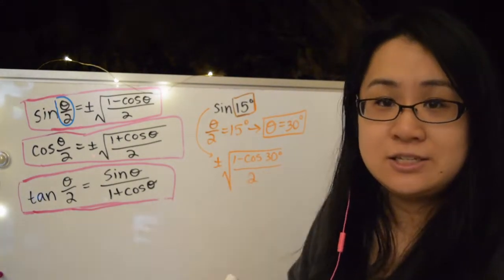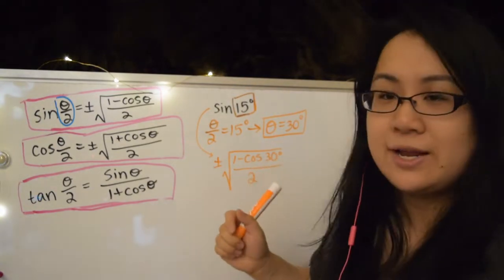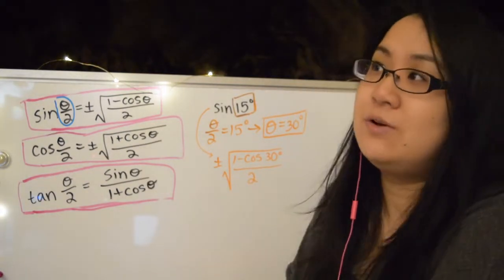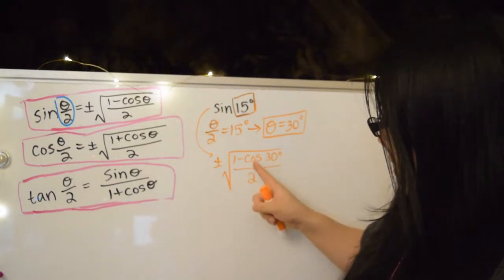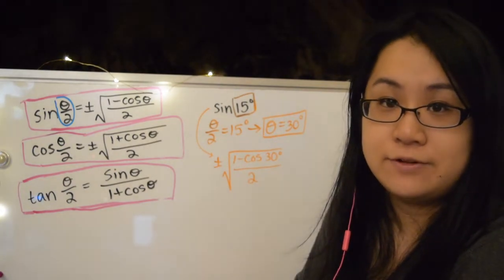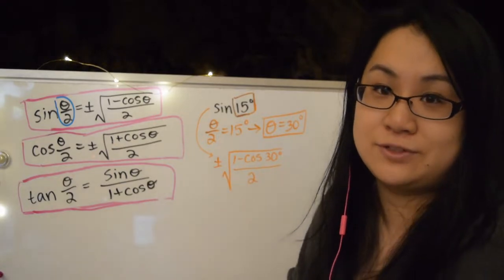But 30 degrees is one of them, and that means that we know precisely what cosine 30 degrees is. You might need to review a little bit, but we have an exact value. Sine 30 is 1/2. Cosine 30 degrees is the square root of 3 over 2.